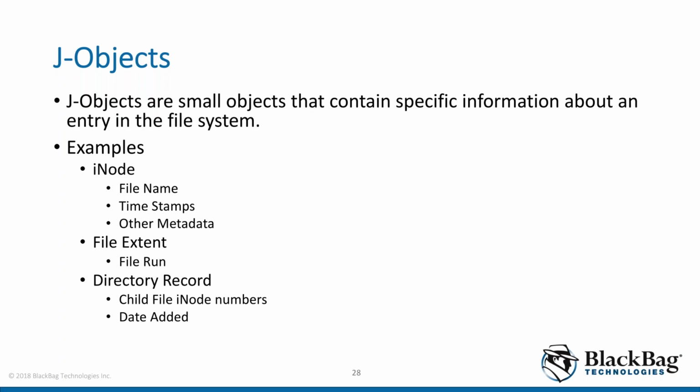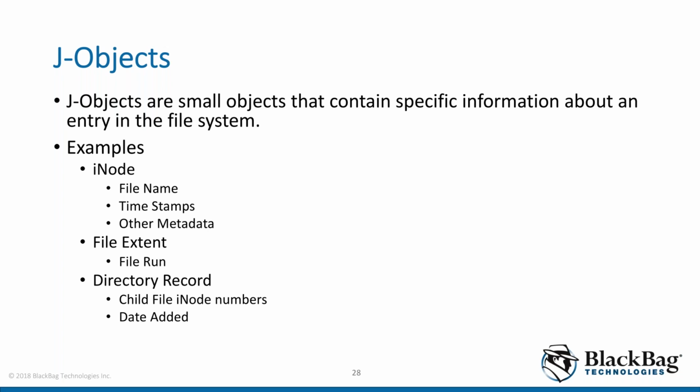Along with our 4K objects, which are true APFS objects, there's something that they call internally J objects. J objects are embedded inside of these larger 4K objects in a very specific subset of objects, and these are tiny little objects that give you different information about the entries inside of the file system.